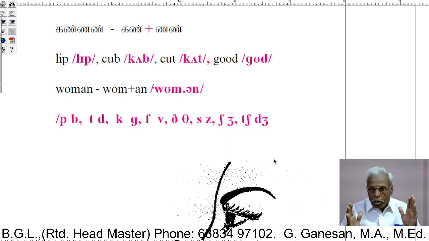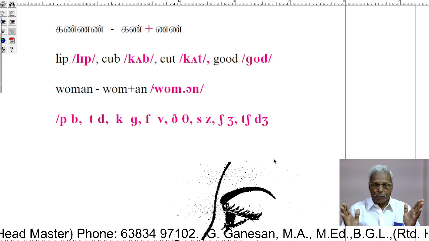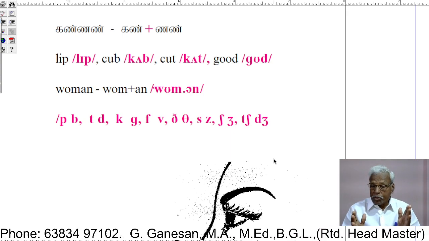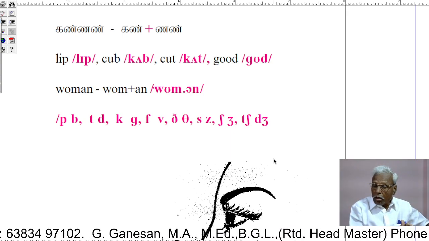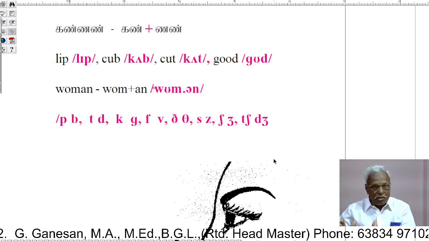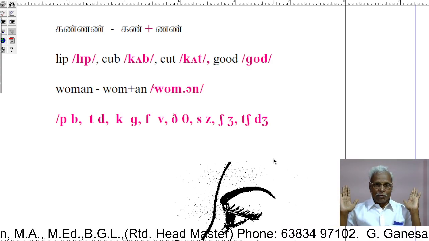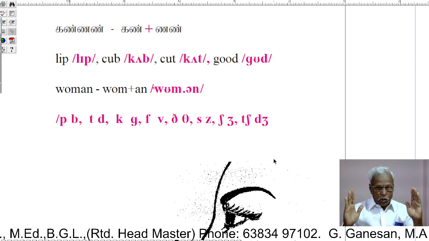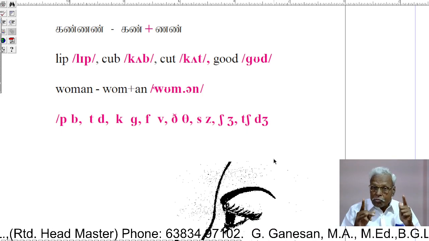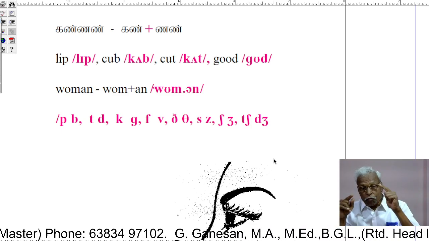That is, of these 16 consonant phonemes, 8 are voiceless and their counterpart 8 are voiced. So in short, in English only 16 consonant phonemes are used, whereas in Tamil 21 consonant phonemes are used.